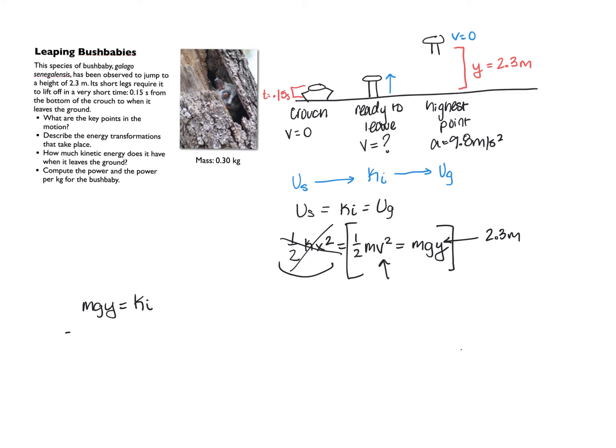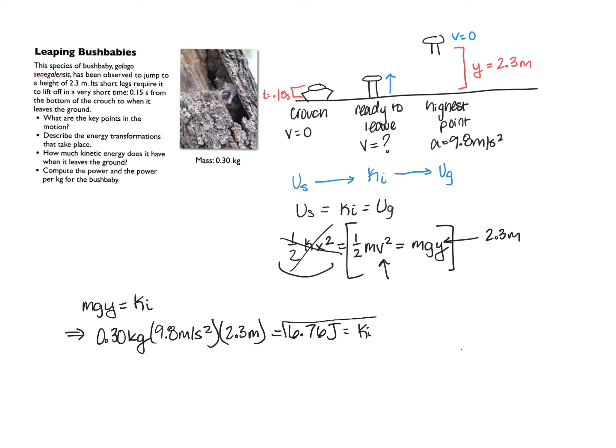So if I calculate this, the mass is 0.3 kilograms, gravity is 9.8 meters per second squared, and y is equal to 2.3 meters. Calculating that all out, I get 6.76 joules for kinetic energy.